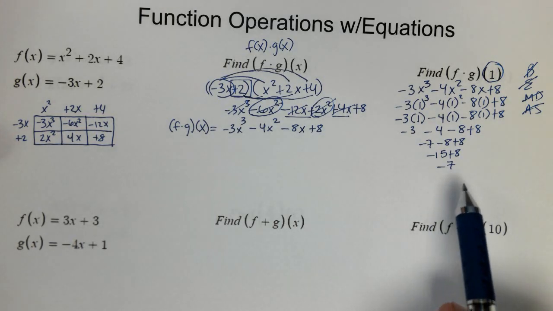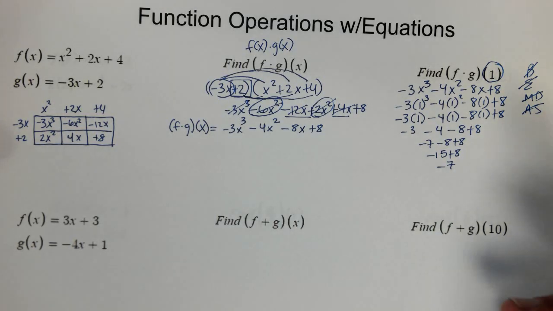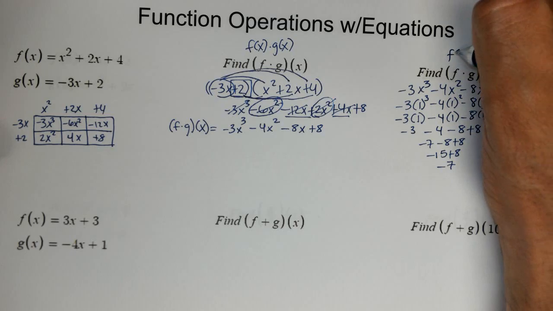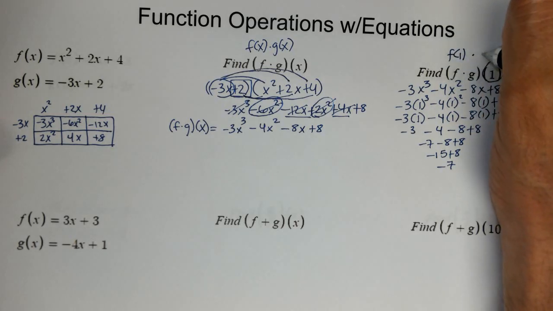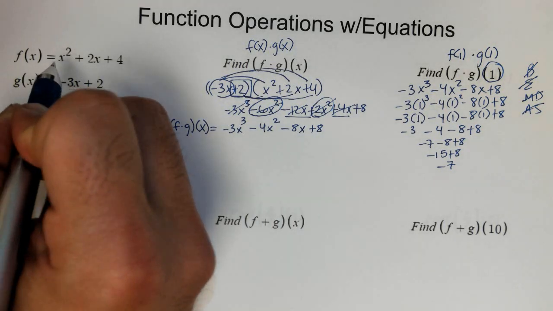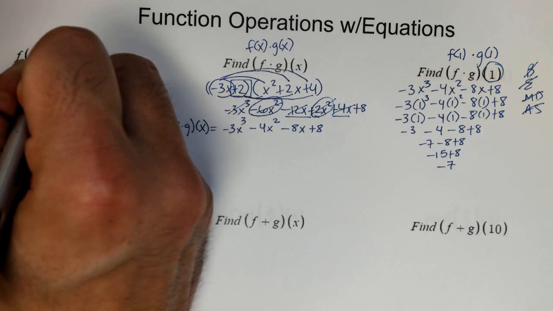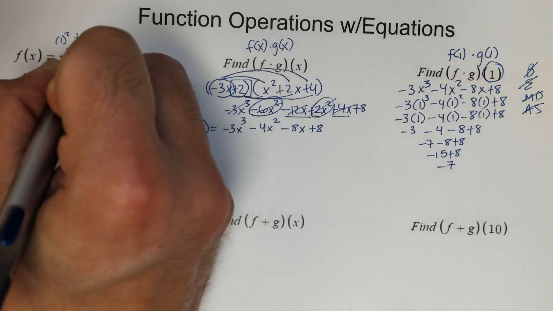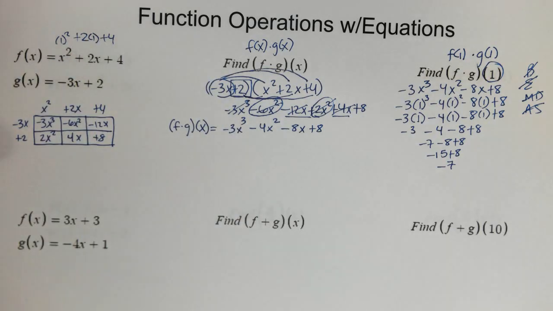How can I check my work to see if I got this correct? Well, this is the same thing as saying, what's the value of f at 1 times the value of g at 1? If I plug 1 into the original equations, what do we get? So when I plug in 1 here, I get 1 squared plus 2 times 1 plus 4. This is me just checking my work.